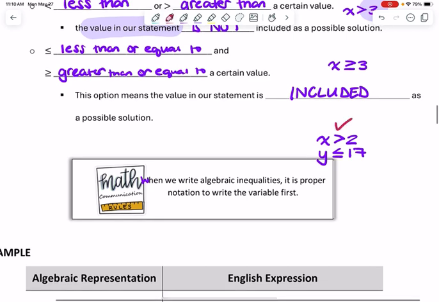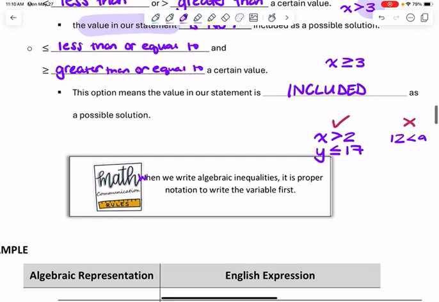Things that would not be in proper form are inequalities where the variable does not come first, so 12 is less than a, or -1 is greater than or equal to b. We always want to make sure that we write our inequalities with the variable first.